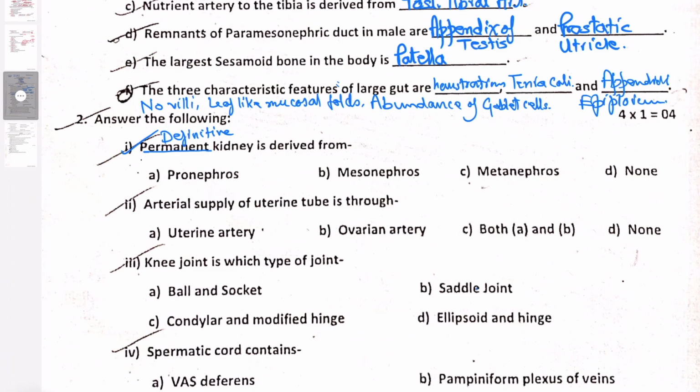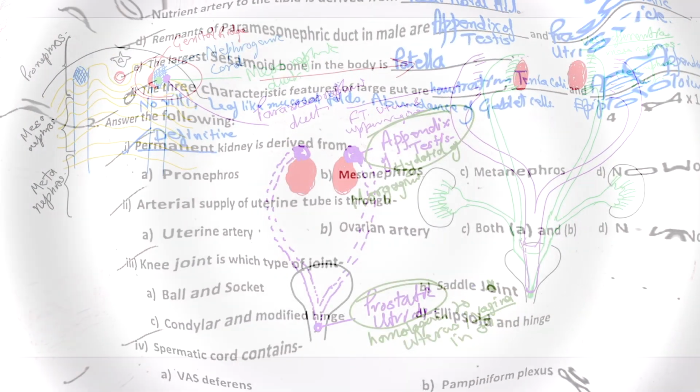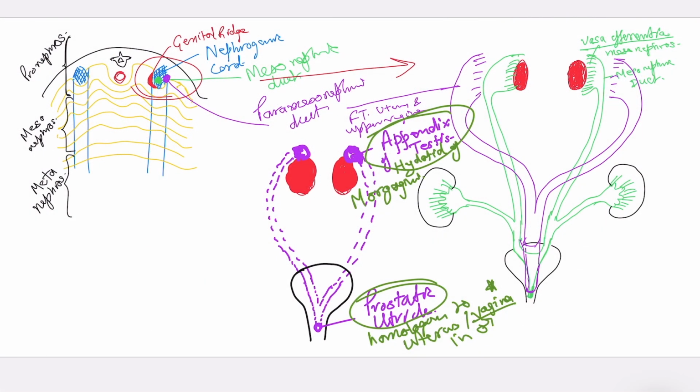Okay, let me explain it from the diagram now. So as I was telling you about the nephrogenic cord, which is named differently from the cranial to caudal end: in the cervical and upper thoracic levels, this is called pronephros.